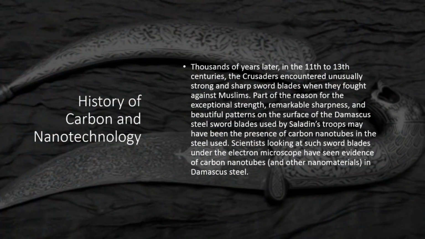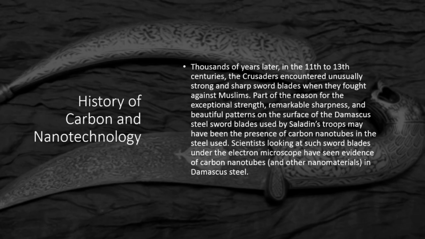Thousands of years later, in the 11th and 13th centuries, the Crusaders encountered unusually strong and sharp sword blades when they fought against Muslims. Part of the reason for the exceptional strength, remarkable sharpness, and beautiful patterns on the surface of the Damascus steel sword blades used by Saladin's troops may have been the presence of carbon nanotubes in the steel used.